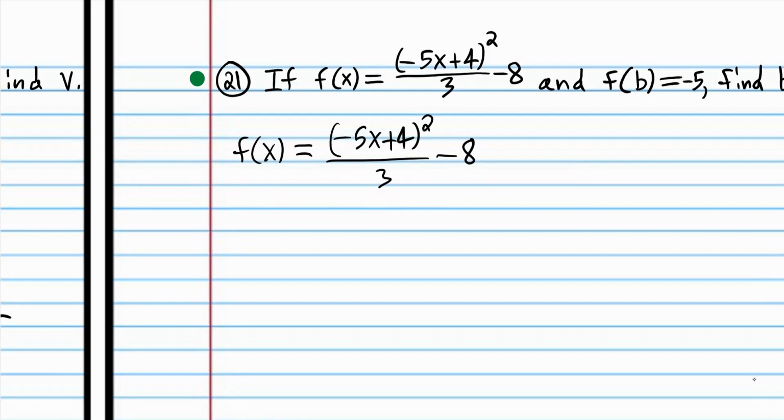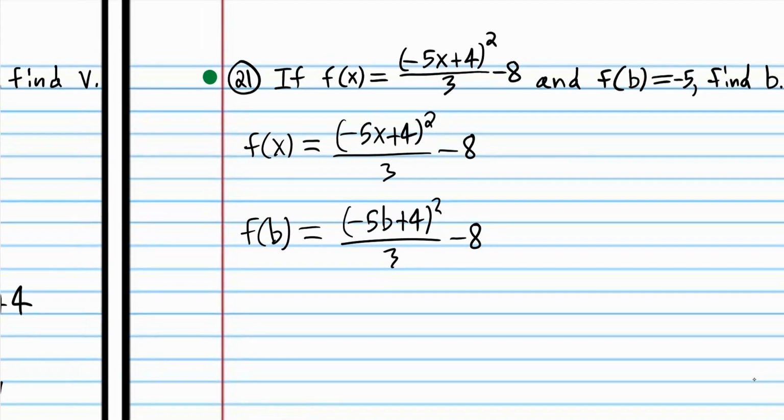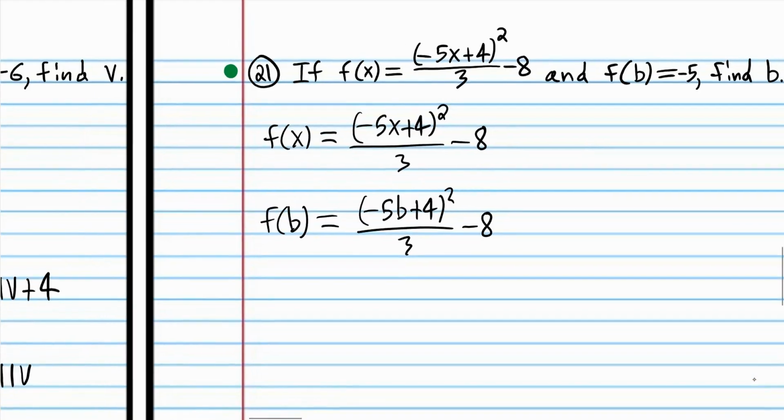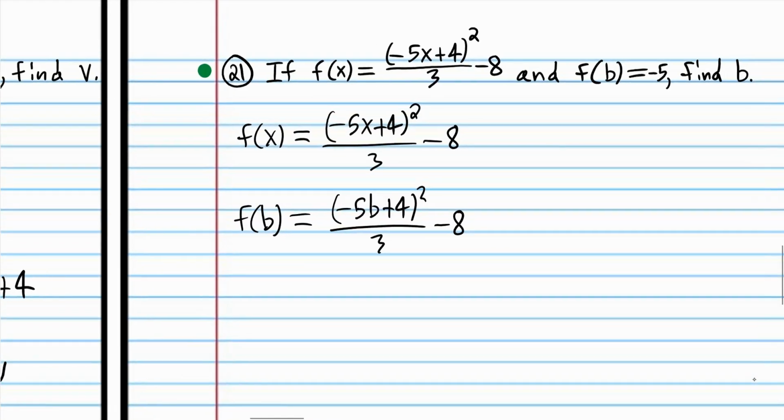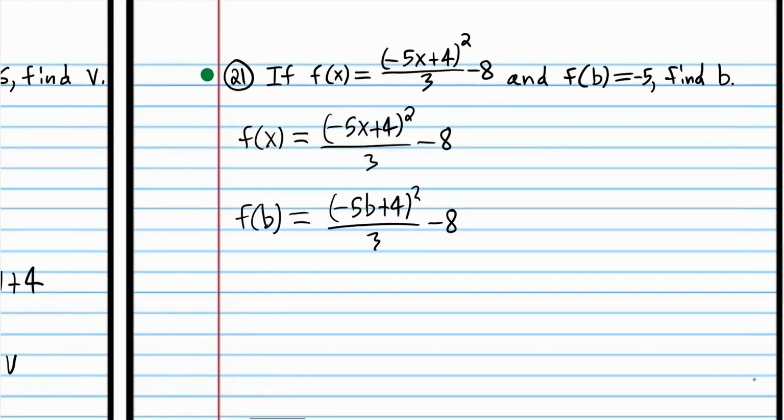Well, if that's true, then f of b has to be negative 5b plus 4 squared over 3 minus 8. And so we know that f of b is equal to negative 5. So we're just going to replace that with negative 5.